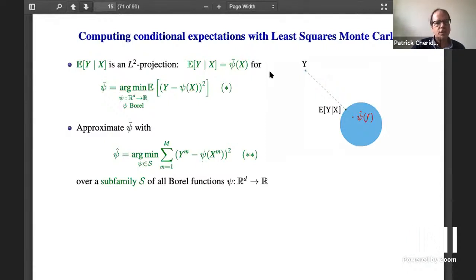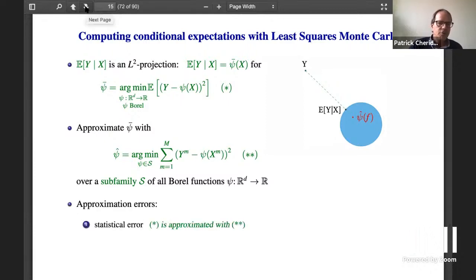But typically, I'm not going to be able to calculate this expectation. So I'm going to approximate the true regression function psi bar by psi hat, which is a minimizer of the empirical square distance problem here. Okay, and again, I'm not going to be able to do this over all Borel measurable functions, so I'm going to do this over a subfamily S.